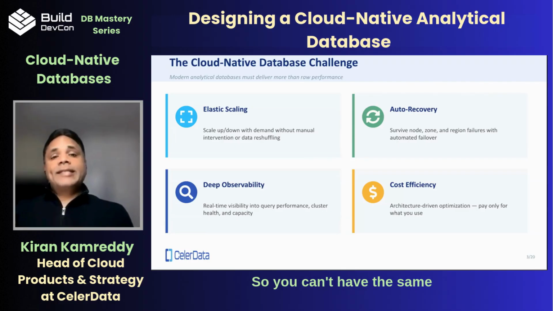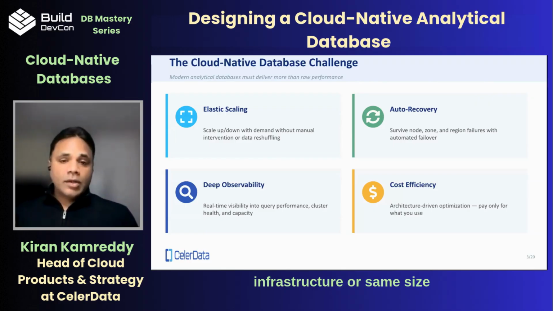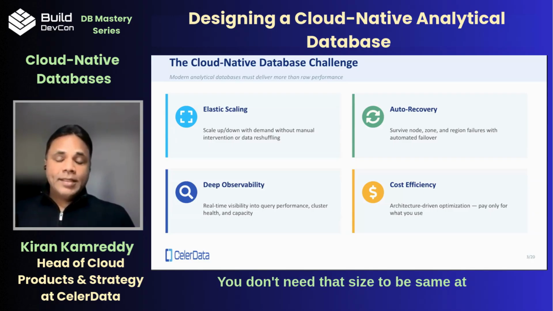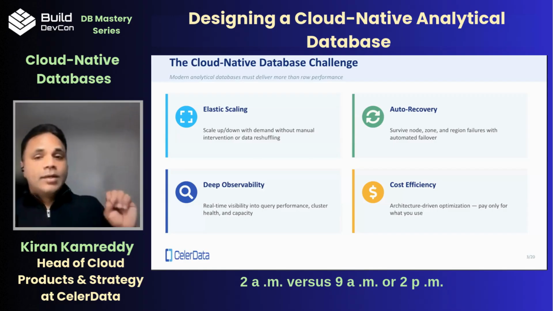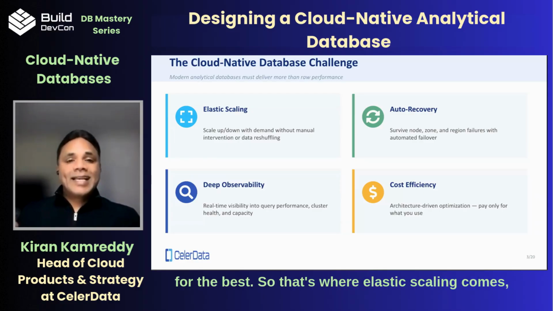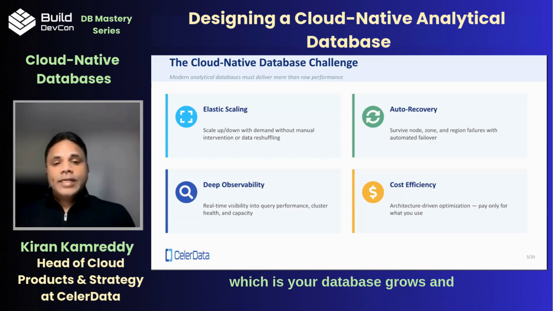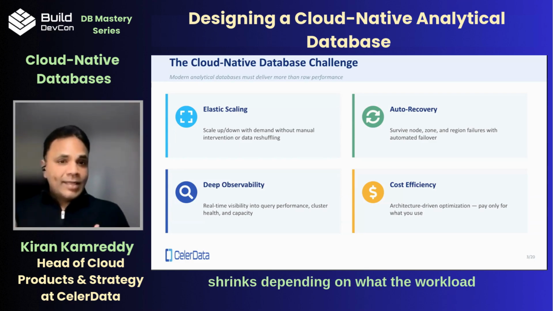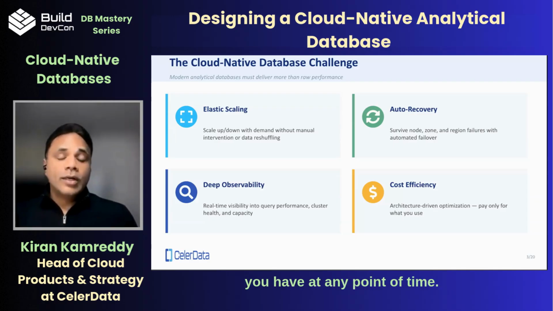So you can't have the same size of infrastructure or database at 2 a.m. versus 9 a.m. or 2 p.m. And you can't really over provision and hope for the best. So that's where elastic scaling comes in, which is your database grows and shrinks depending on the workload you have at any point of time.